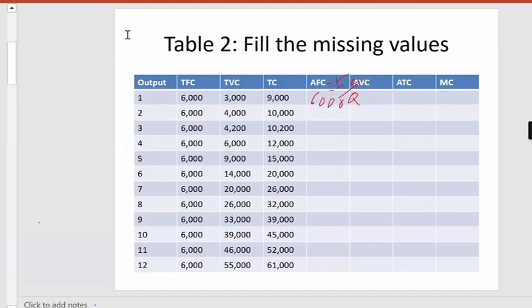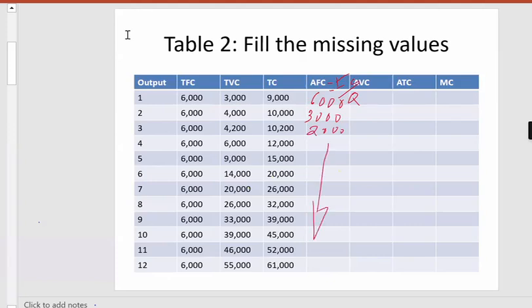And here at level 2, it will be 3,000. At this side, it will be 2,000, right? Etc. This is a fixed.